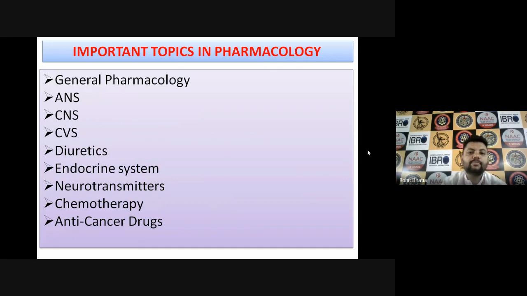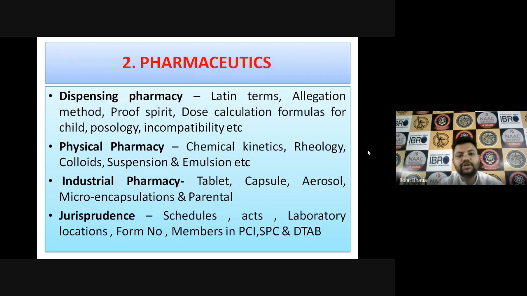Important topics in pharmacology are general pharmacology, autonomic nervous system, central nervous system, cardiovascular system, diuretics, endocrine system, various neurotransmitters, chemotherapy, and anti-cancer drugs.